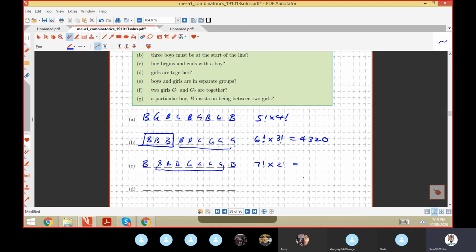I said put 5 in the first, then the second, then 5, 4, 3, 2, times... Oh, B. Yes. 5, 4, 3, and then you can interchange them 3 times. 3 factorial?